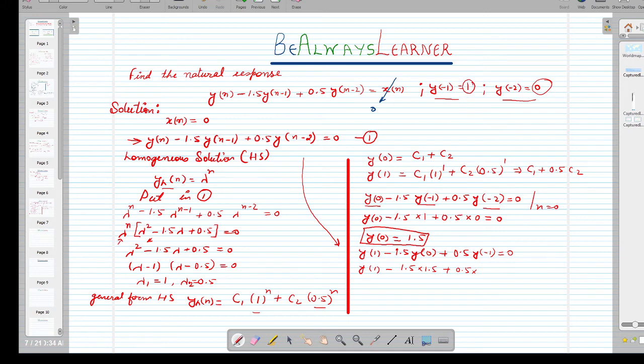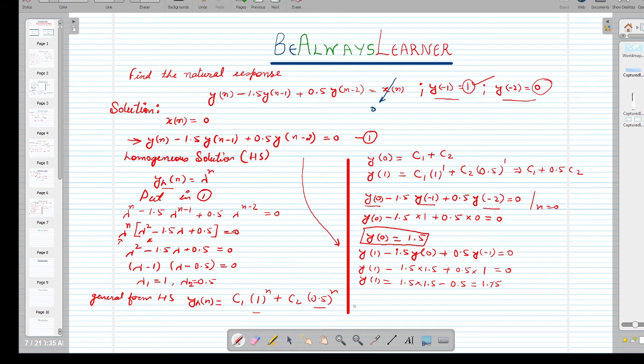Y minus 1 is 1. So y1 here is equal to 1.5 into 1.5 and, it is not plus, this will be minus 0.5. So after solving it, the value comes out to be 1.75.